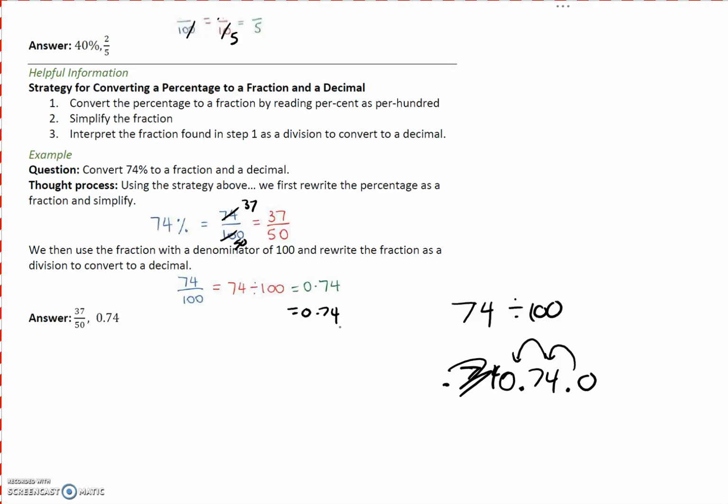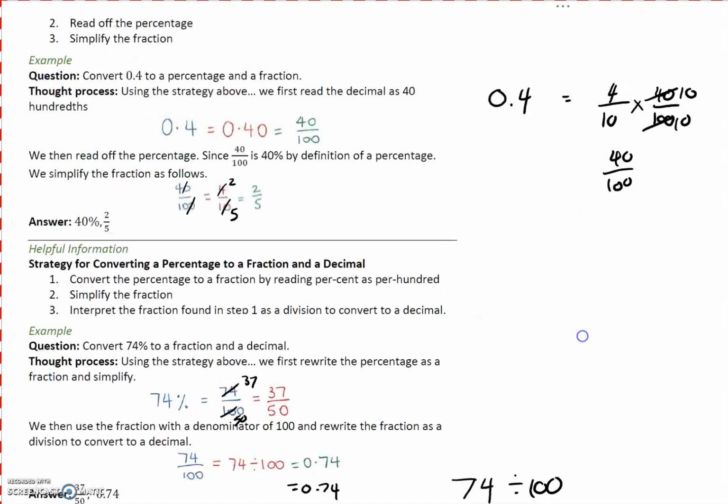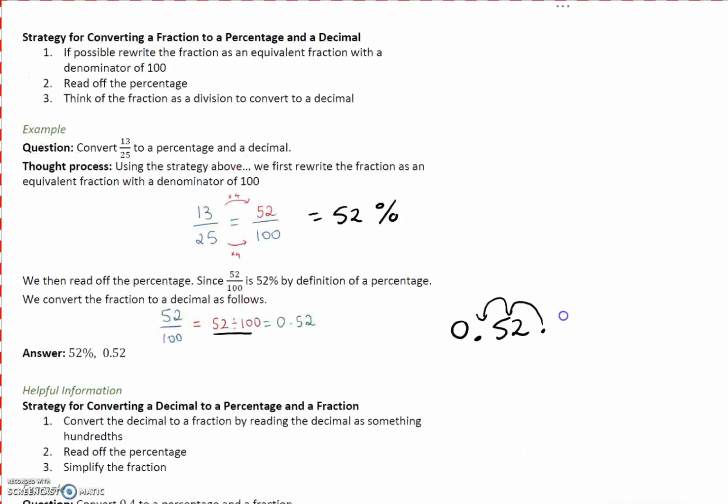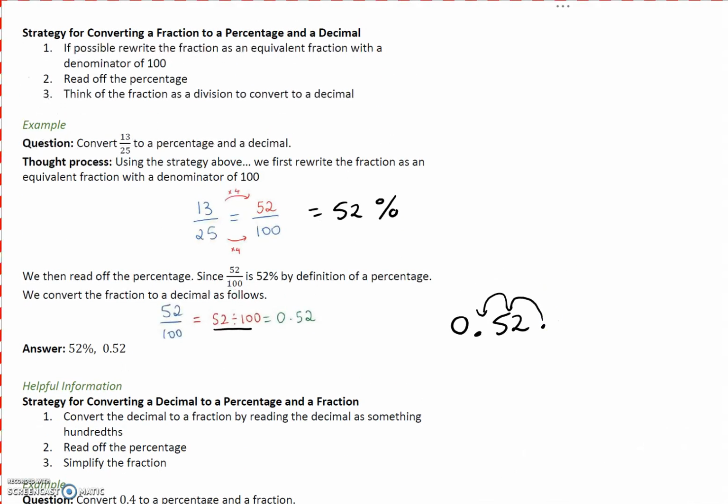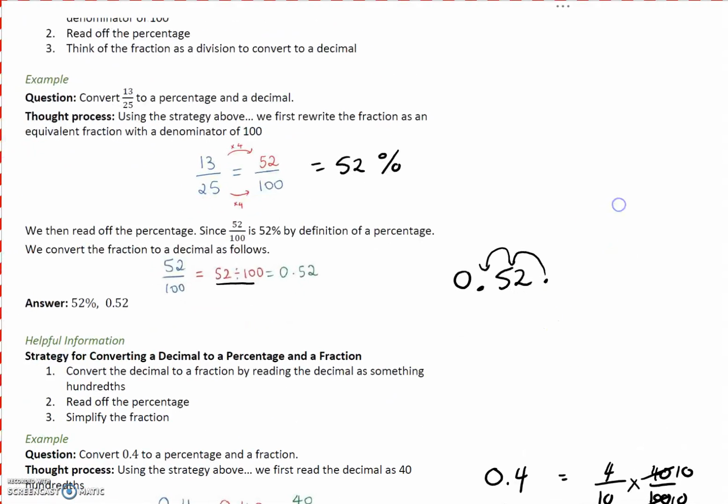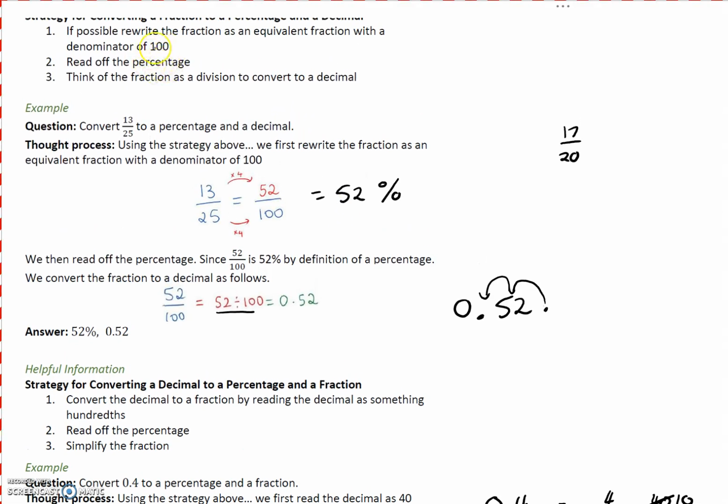All right. So let's do maybe a couple more. Let's convert 17 on 20 to a percentage. All right, so our first step is to make it a denominator of 100. So how do I get a denominator of 100 here? I need to times by 5 on 5.